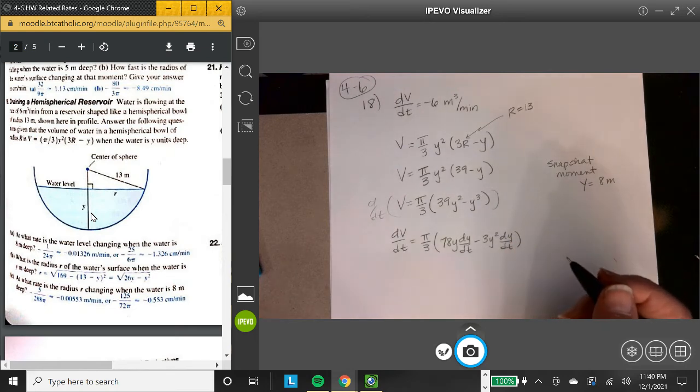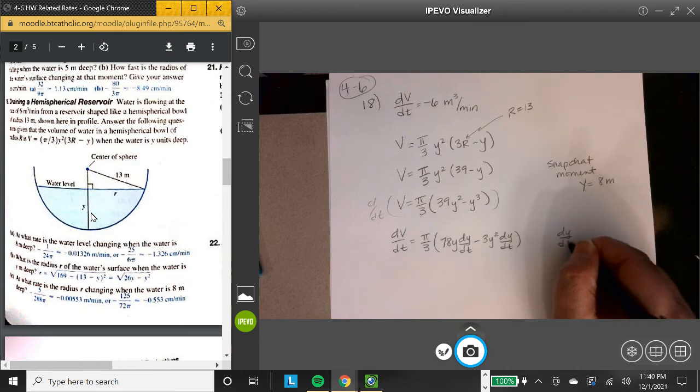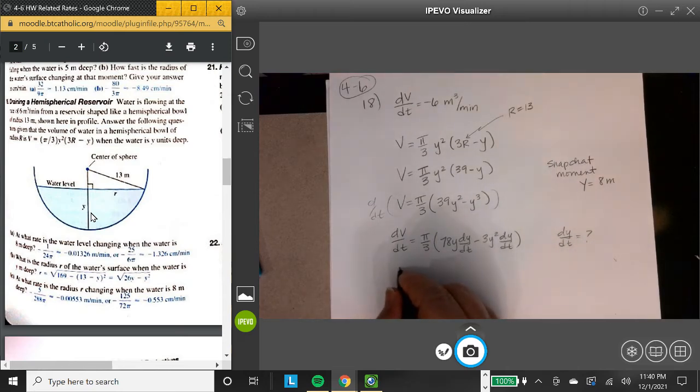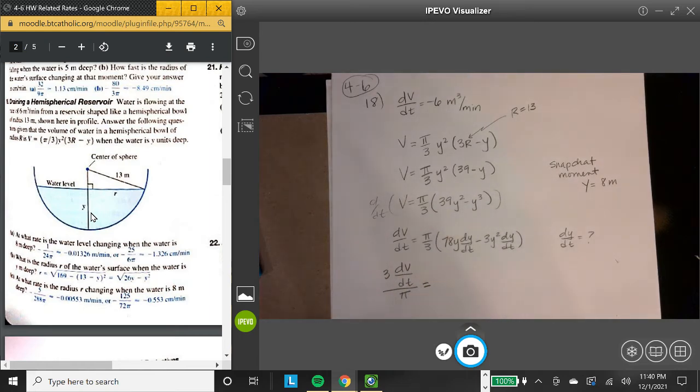And I'm solving for dy dt. I need to know what dy dt is. So I'm going to factor out a dy dt. I'm going to get dv dt times 3 divided by pi. I'm just dividing by 3 and multiplying by 3 and divide by pi.